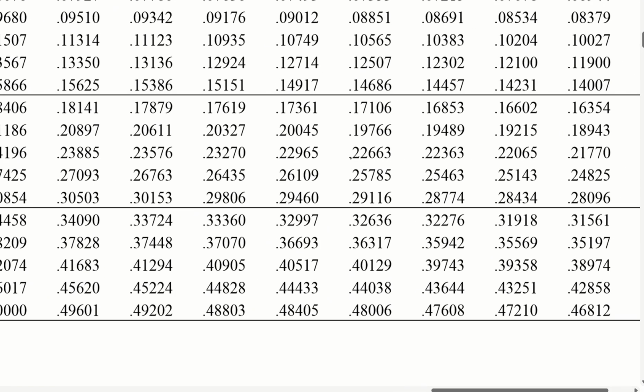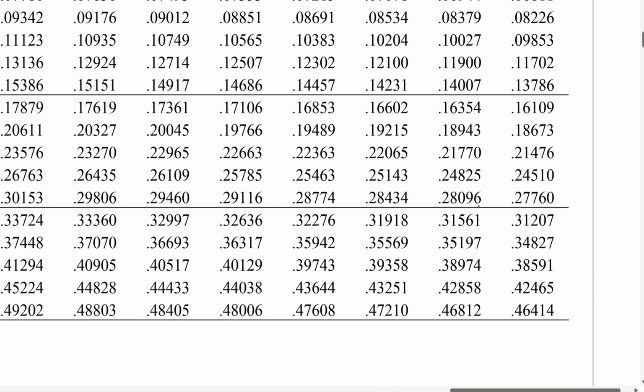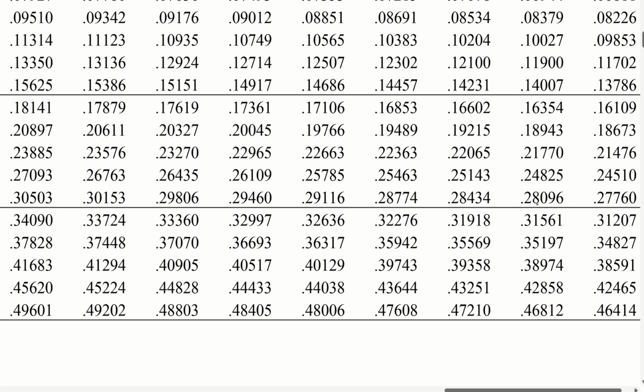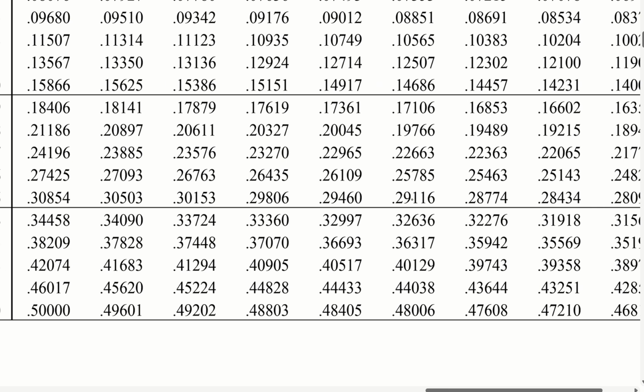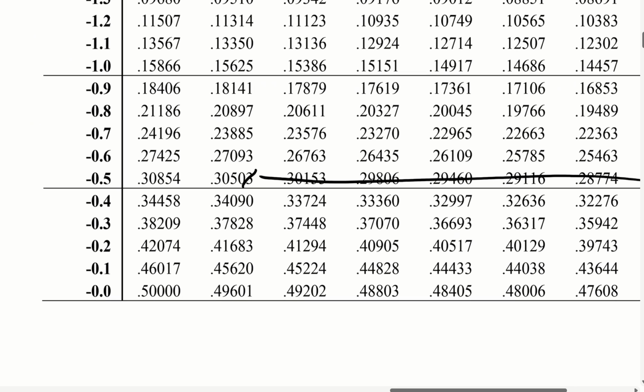So this is 0.29. Okay, so we got 0.28096 and 0.27760. So this is pretty close to 0.28000, right? So let's choose this one. So if that's the score, then we go here and here to figure out what the z-score is.